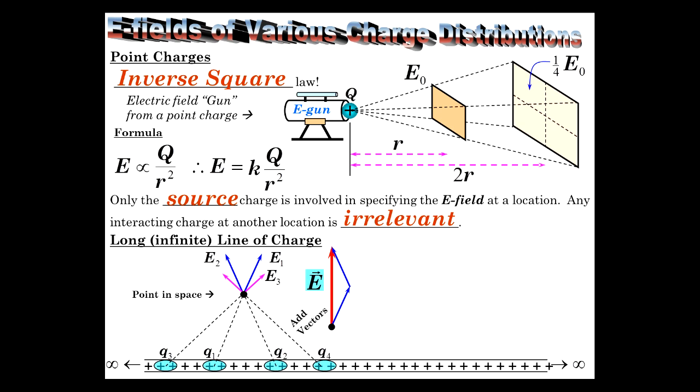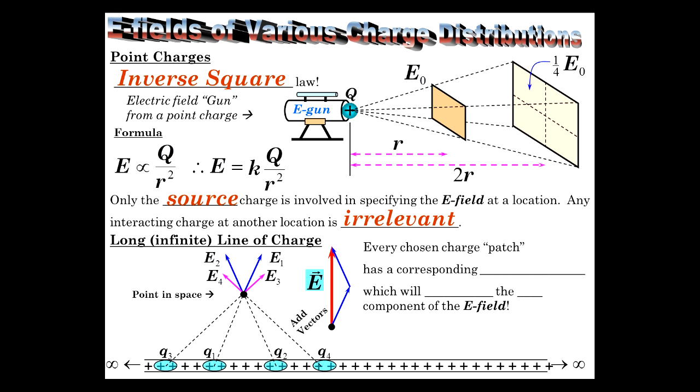Q4 makes an electric field symmetrical to E3, and all these additional patches will add up to give you a vertical line, a line pointing away from the line of charge. So each patch has a corresponding anti-patch which cancels one of the components. Notice that the x components, the horizontal components, are all canceled. And therefore, we can conclude that the E field, in terms of the geometry, is perpendicular to the line.